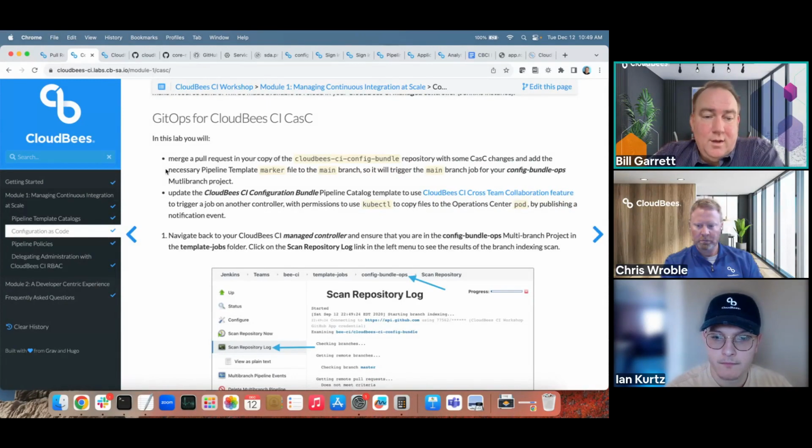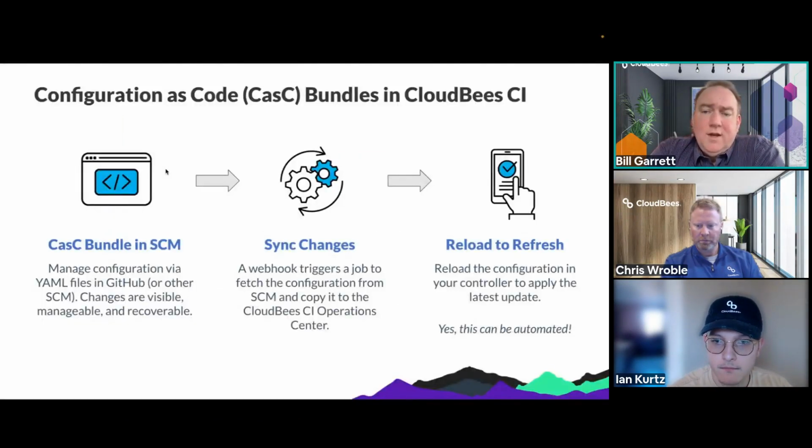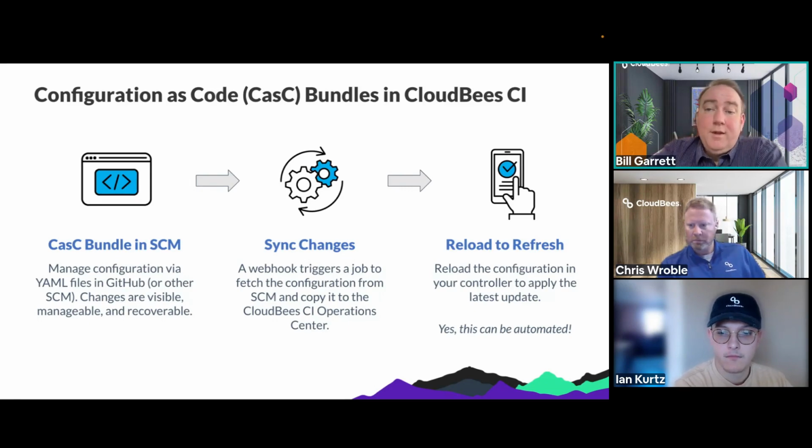What I mean by automation is that the bundle lives in GitHub in your SCM tool, and you want to automatically sync those changes, so that when you make a commit, a push, or a merge in GitHub, the code gets copied down to Jenkins. So we're going to build the job that syncs those changes. By the way, when you install CloudBees CI, there's an option to do that automatically in a default way. But we're going to take a more bespoke approach to help you see how some of the gears that turn in the background are working.